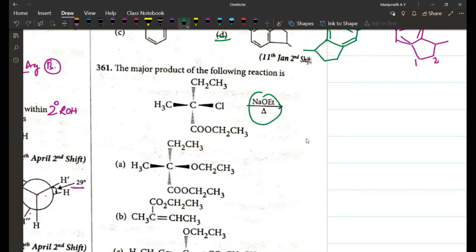See, they have given heat. Whenever they have given heat, you have to only do elimination. Now you decide whether it is E1 or E2, that is secondary. Now NaOEt, that means EtO minus, is a charged anion, so it is a strong base.